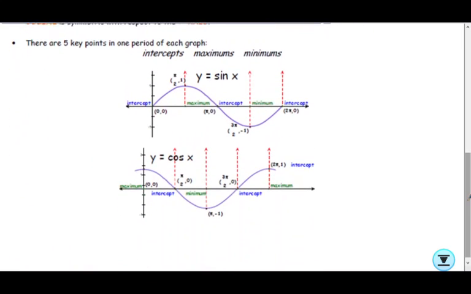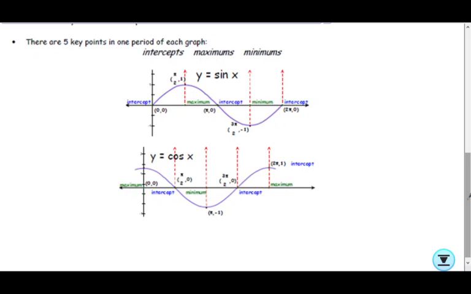Now, there are 5 key points in one period of each graph. Those are our intercepts, our maximums, and minimums. Okay, in the sine function, we have 3 intercepts at 0, pi, and 2 pi, and we have 1 maximum and 1 minimum point. Okay? Those are the 5 key points of the sine wave.